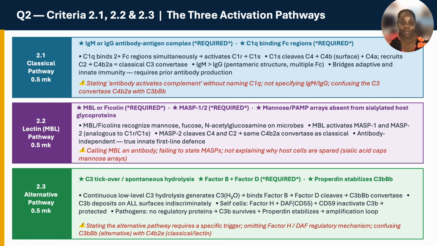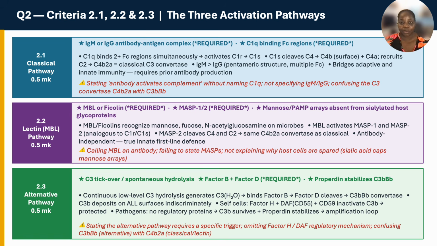That is a fundamentally different logic from the classical and lectin pathway. So students who describe the alternative pathway as activated by LPS or by bacterial molecules or bacterial surface are describing the outcome, not the mechanism, not the process.